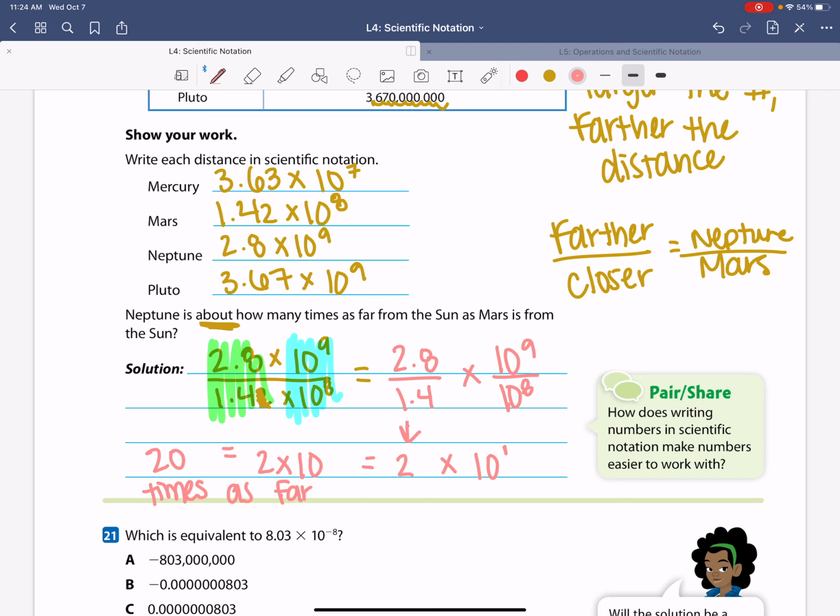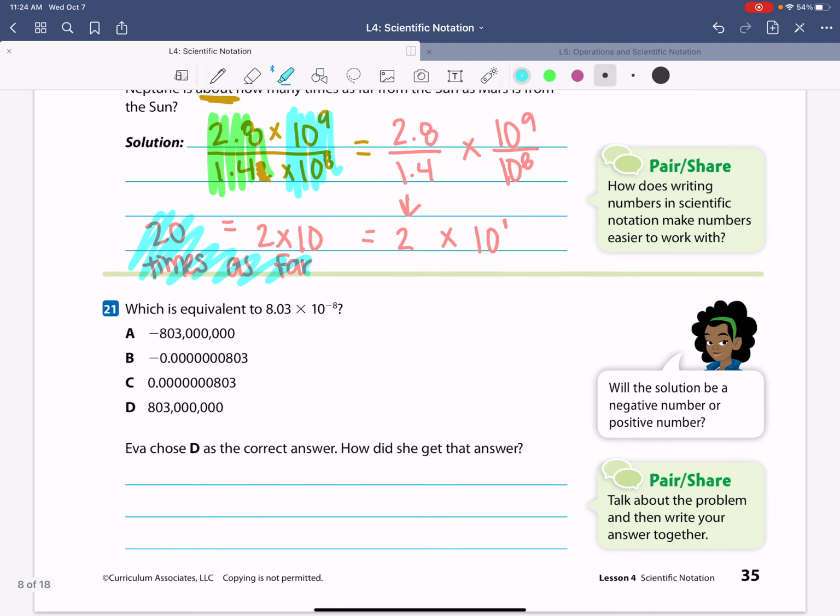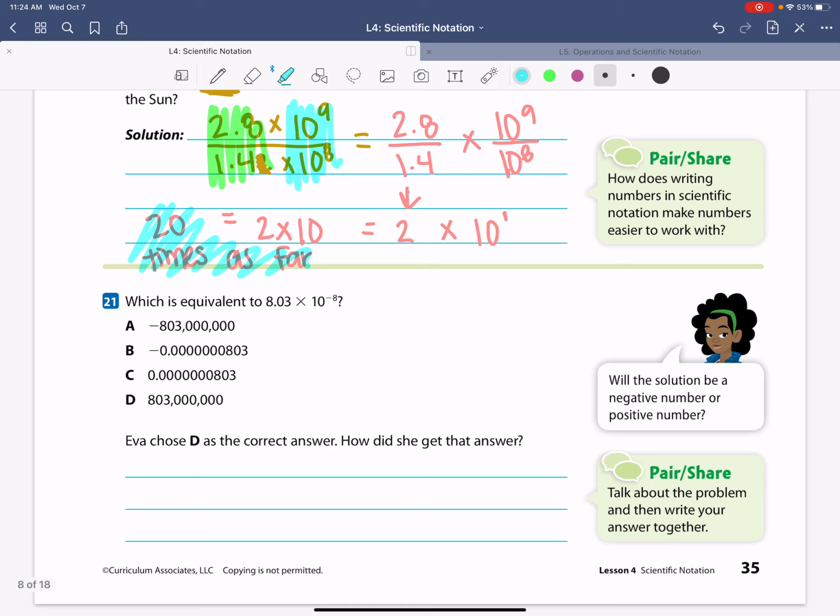All right, and we've got our answer for number 20. And finally, for day 4, we move on to number 21, which is equivalent to 8.03 times 10 to the negative 8th power. What's very important here is that we see that our exponent is negative, which means we have our starting number between 1 and 10.